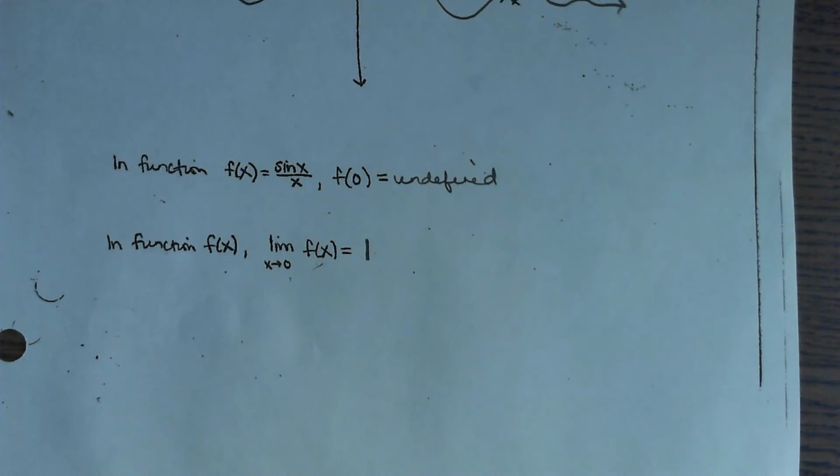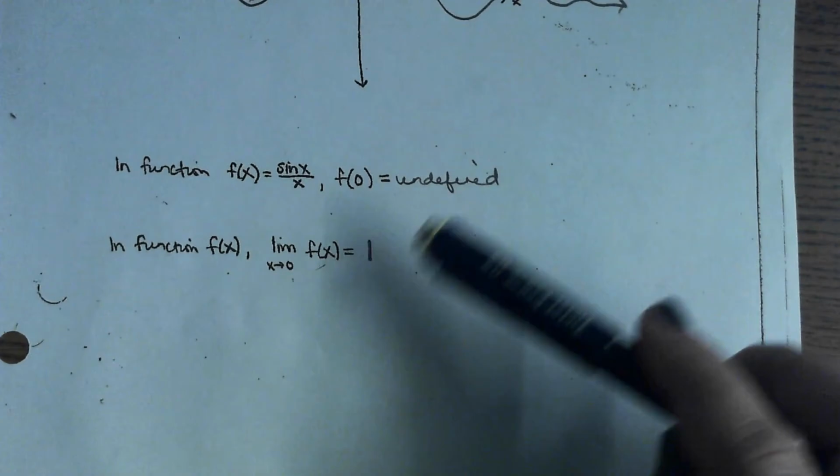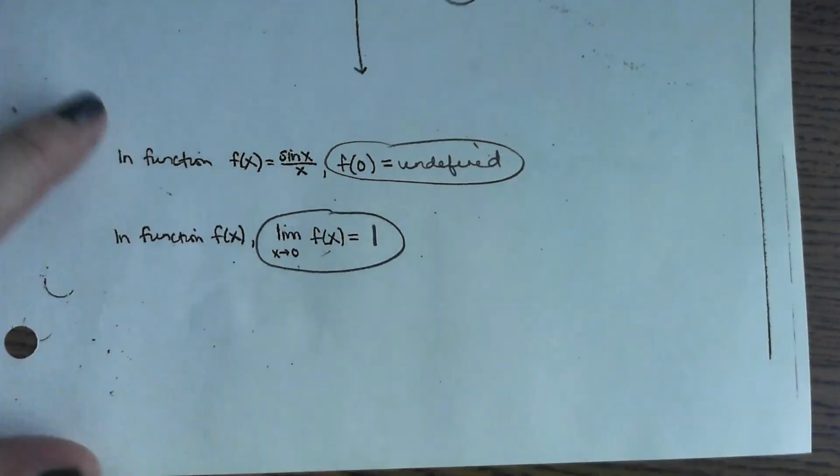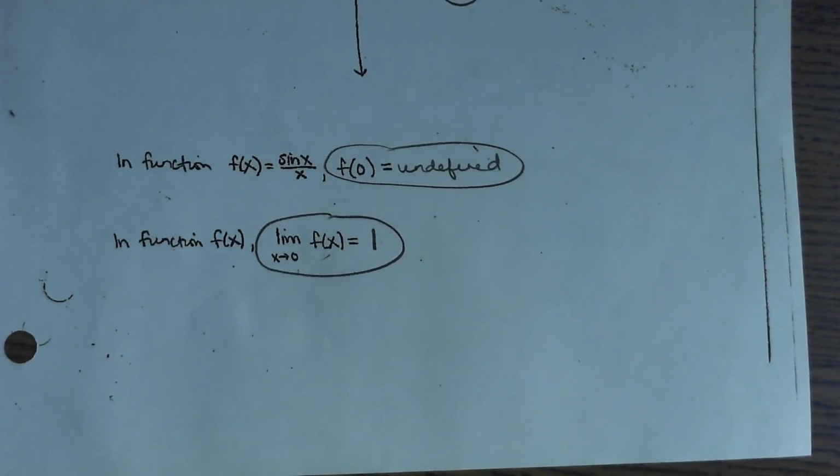And so the function value does not have to equal the limit of the function value. Sometimes it will. A lot of times it will, but it doesn't have to. And a lot of times, the more interesting examples that we will look at will be cases when they don't match. Okie doke?